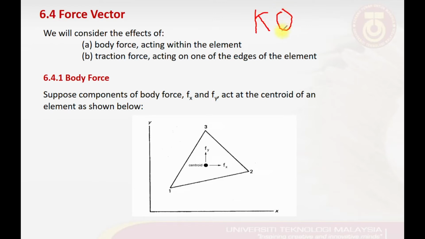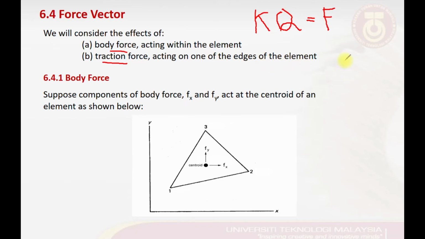Then in solving the system of linear equations, the other known information came from the force vector. So we will consider the effects of the body force acting within the elements, and also the traction force acting on one of the edges of the elements.